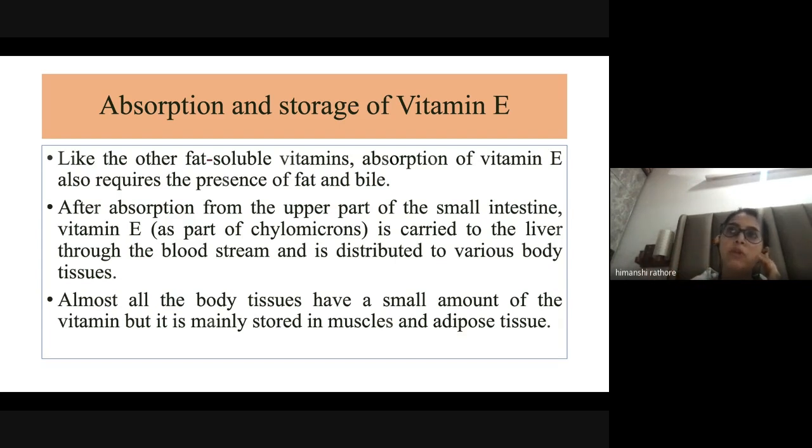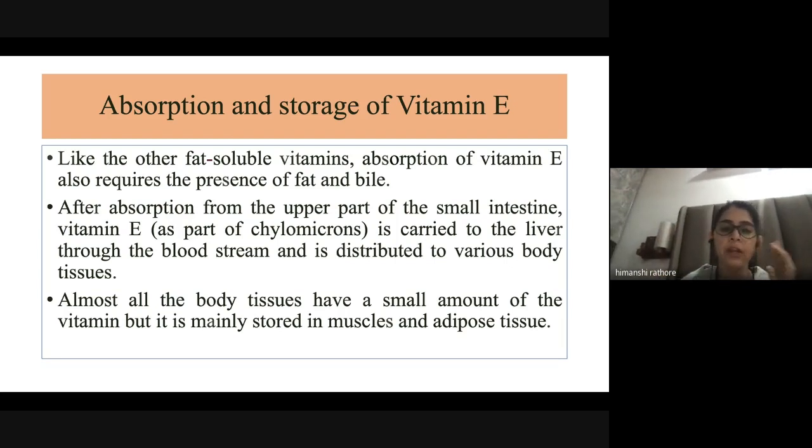Otherwise, the absorption part is the same for all the fat soluble vitamins. I guess this is clear, and you can read also in this slide that absorption is the same as it was for fat, and then you can write down where it is stored: in muscles and adipose tissue.